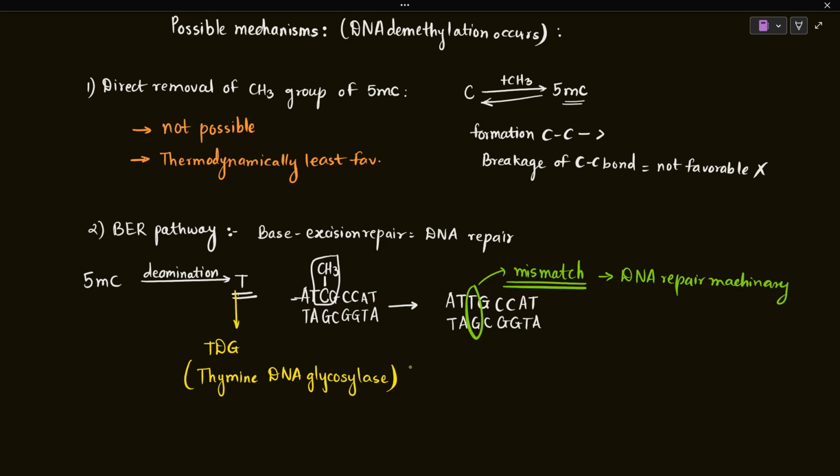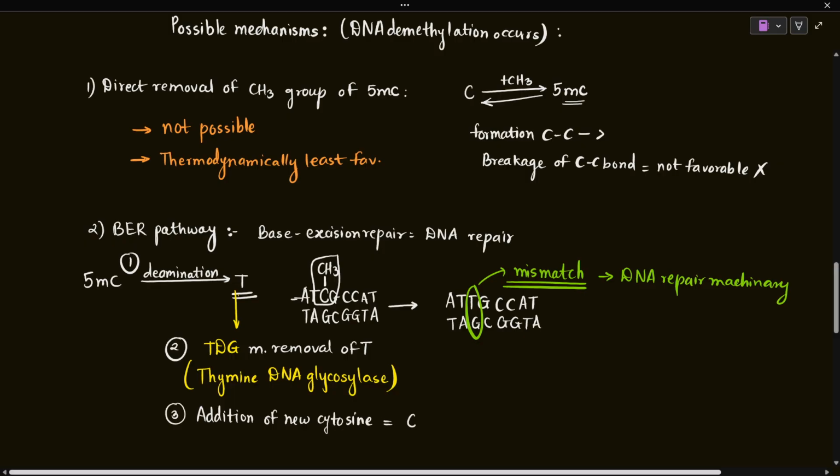So the first step is deamination, the second step is TDG-mediated removal of thymine, and the third step is addition of a new cytosine. This new cytosine will be unmethylated, and this is how the excision repair pathway gives rise to demethylated DNA. From 5-methyl cytosine, we got to unmethylated cytosine.